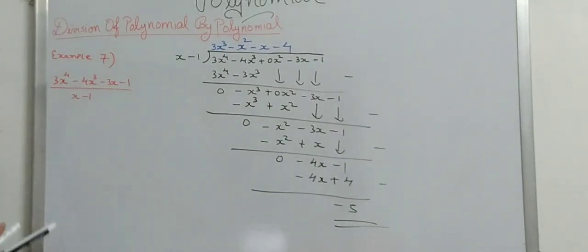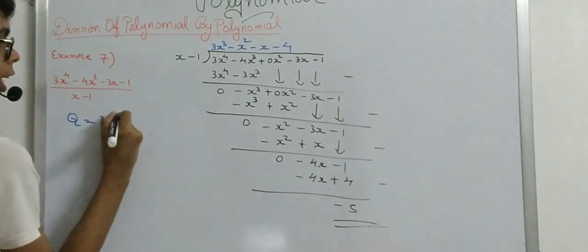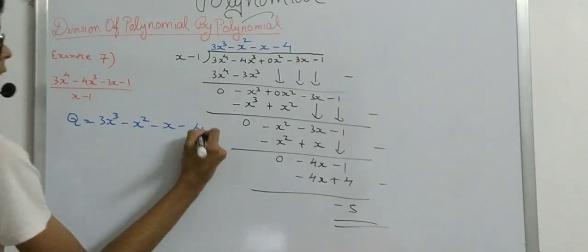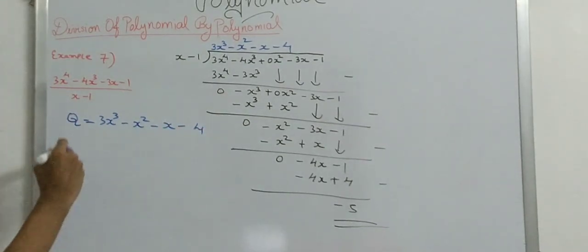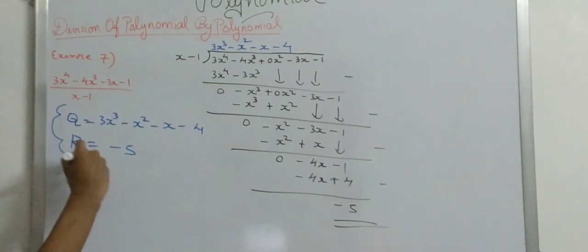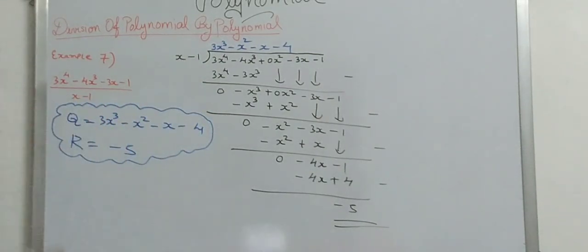So from here we can write the quotient that we got is equal to 3x cube minus x square minus x minus 4, and the remainder is equal to minus 5. This is your final answer. I hope it is clear to you.